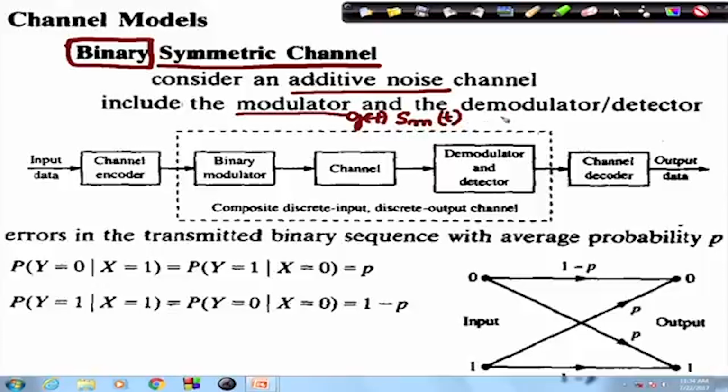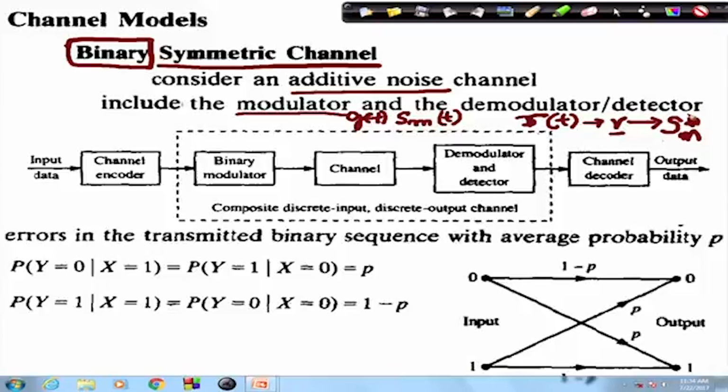In the demodulator, again we would break down the received signal r of t into its components, that means we would break it into components vector r, from which we are going to get the choice of the waveform that could have been transmitted. This is what was available in the modulator and the demodulator.